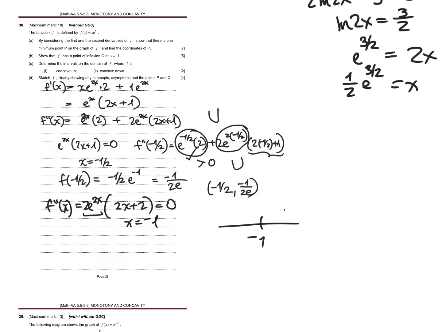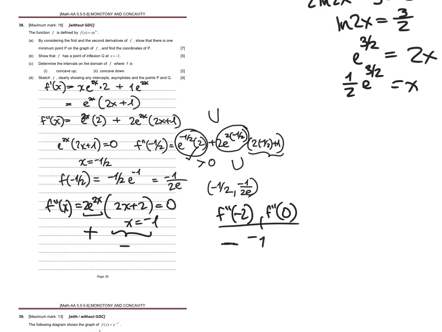So we just have to sub into the second derivative x's on either side. So this is always positive. So if we sub in -2, it'll be negative, because that will be negative at -2.